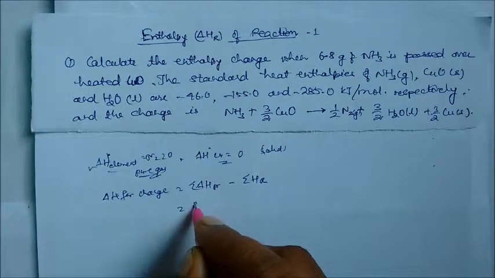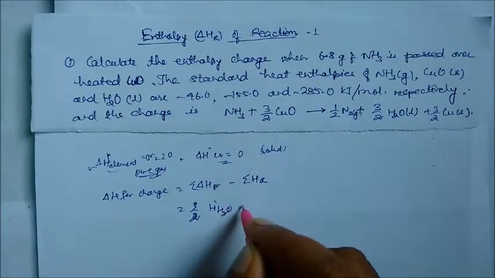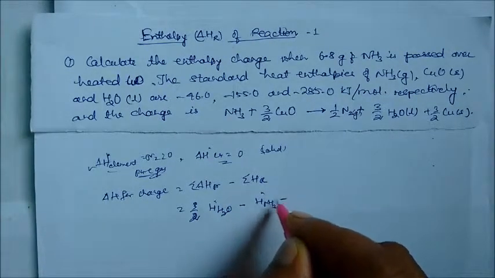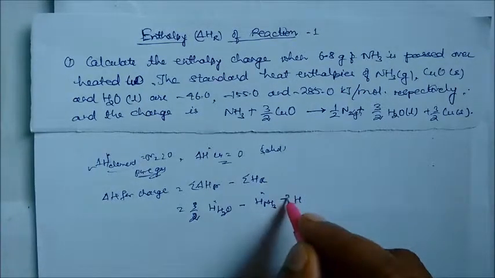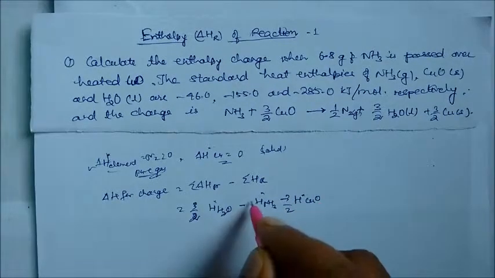So we can write 3/2 into the standard heat of formation of water, minus the standard heat of formation of ammonia, minus 3/2 times the standard heat of formation of cupric oxide. So this is given here.